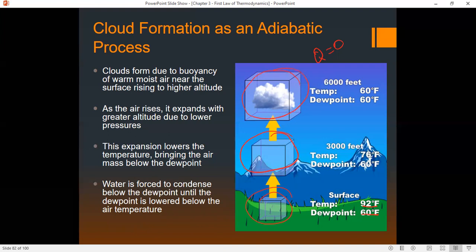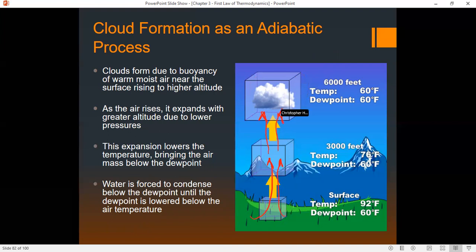Now it's down to 60 degrees Fahrenheit. Now, what's interesting here is the dew point has remained constant. It still has the same amount of water content that it had when it was on the ground. We haven't lost any mass here. What's happened is it simply started rising higher into the atmosphere and getting colder and colder.